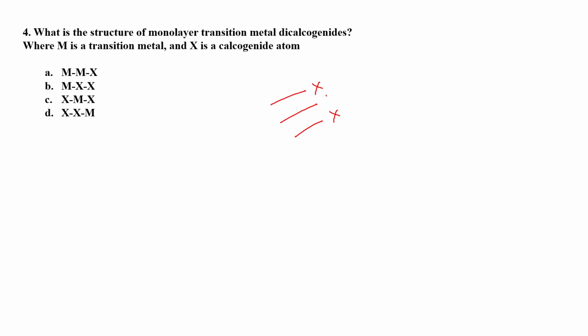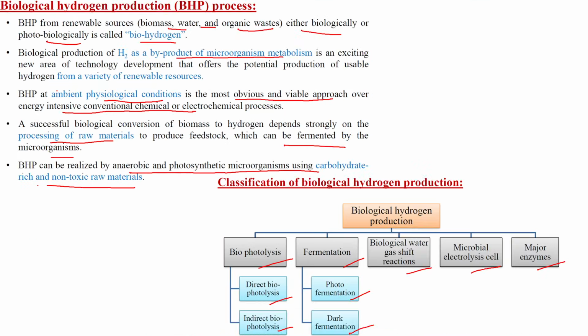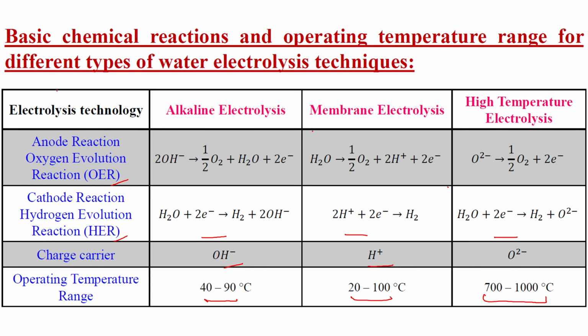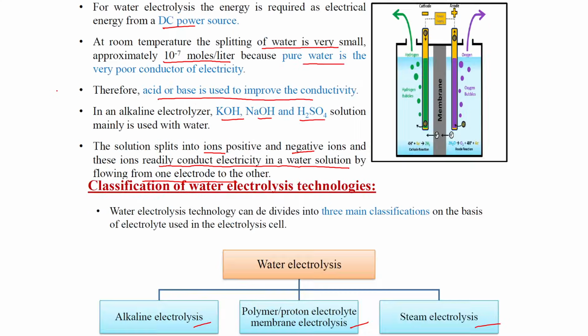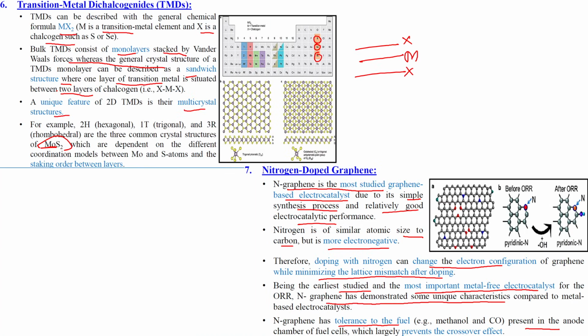So, one layer of metal sandwiched between two layers of chalcogens. Okay. So the answer is XMX. That is C. Okay. I told you here. Let me show. Here, TMD consists of monolayers stacked. A TMD monolayer can be described as a sandwich structure where one layer of transition metal is situated between two layers of chalcogens. Okay.